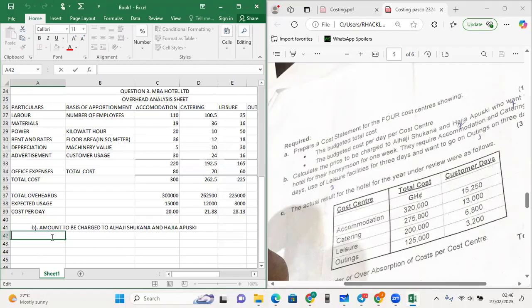So now we find the total cost per person.